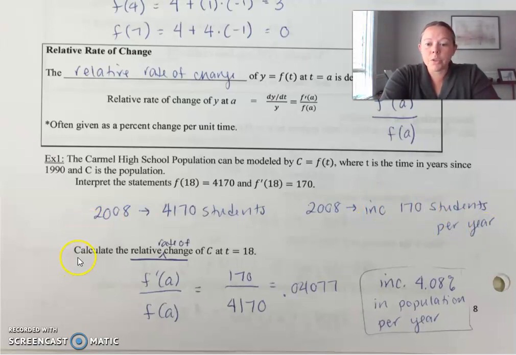All right, now here's what's new. Calculate the relative rate of change, so the typo, of C at t equals 18. Okay, so it's the derivative, which they gave us, there's the 170 over the function value at 18.